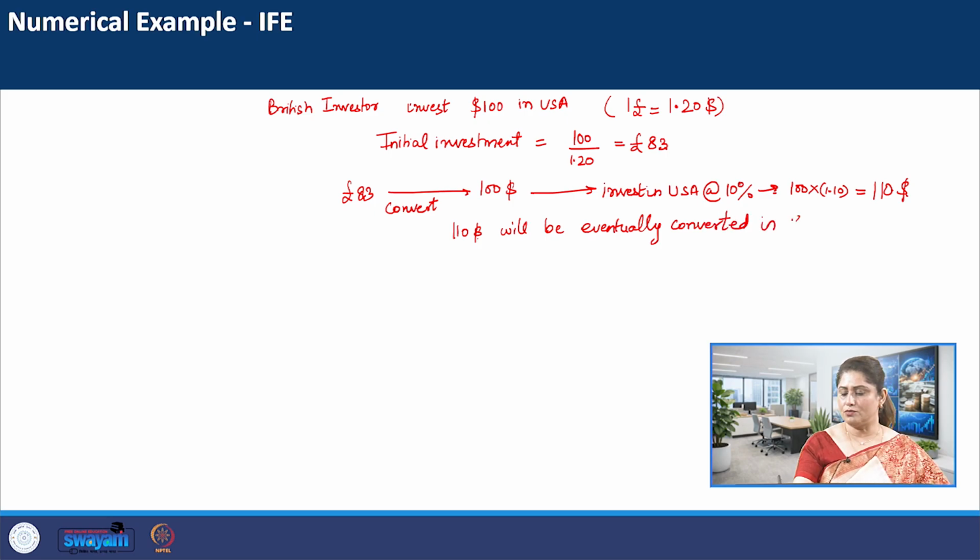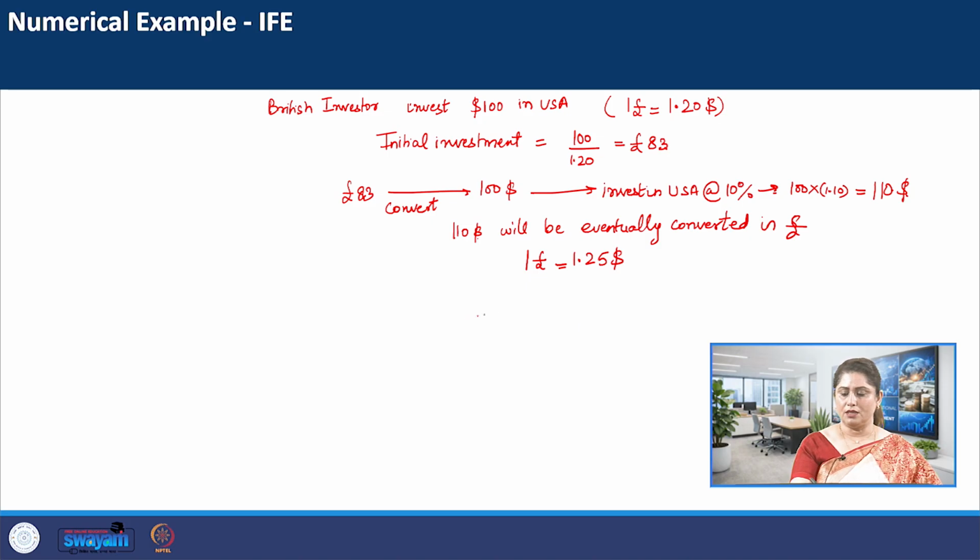into pounds. Now what happens is when there is such a high interest rate in USA, there is an increased money supply due to capital inflow in USA, which causes the dollar to depreciate. Now let us say that the new rate is 1 pound equals 1.25 dollars.